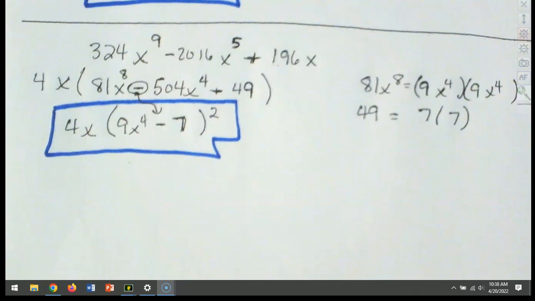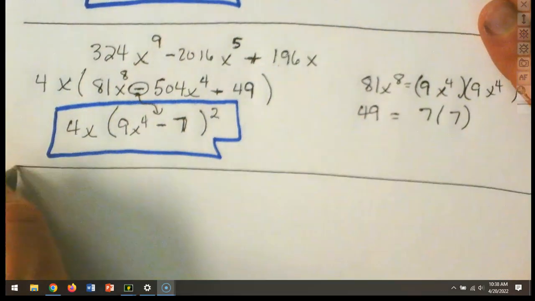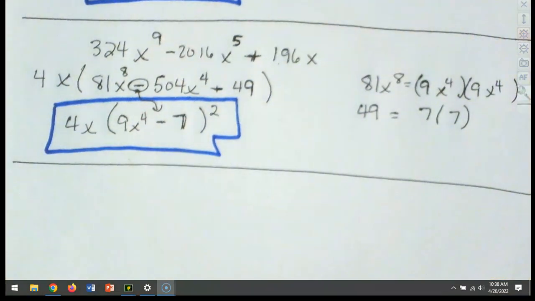Okay, let's look at another one here. Still along the same lines, let's look at this one. I'll just pick this from our textbook here. I could make one up, but I'll just pick this one from our textbook.